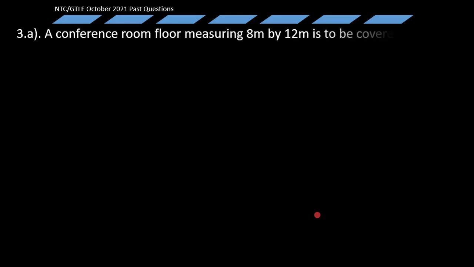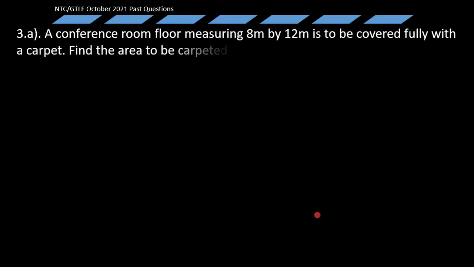Let's target the first question, number 3A. A conference room floor measuring 8 meters by 12 meters is to be covered fully with a carpet. Find the area to be carpeted. Solution. If it is a conference room measuring 8 meters by 12 meters, then the floor must be a rectangle.